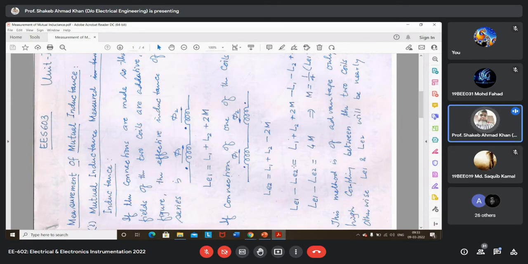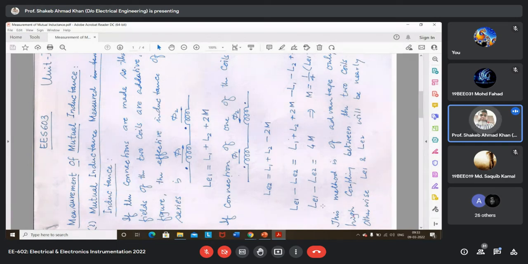So in this case, the equivalent inductance will be L1 plus L2 minus 2M. Now what will we do? We will take the difference of these two, and the difference will be equal to 4 times the mutual inductance. So mutual inductance will be one fourth of the difference of these two equivalent inductances.